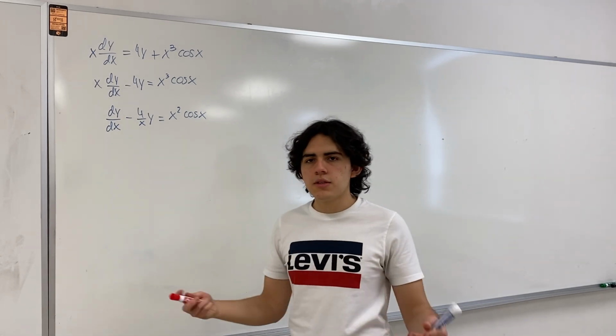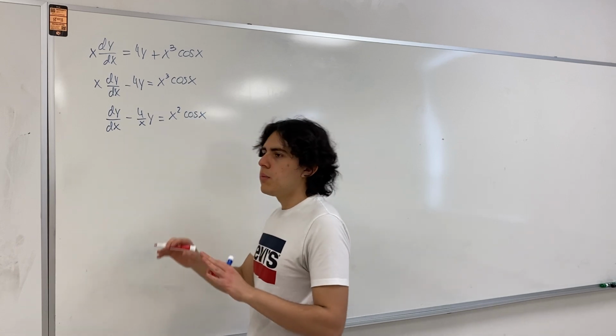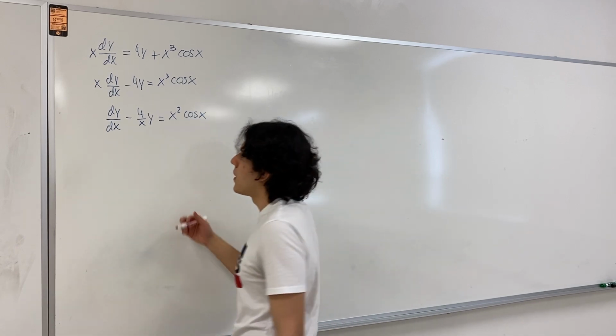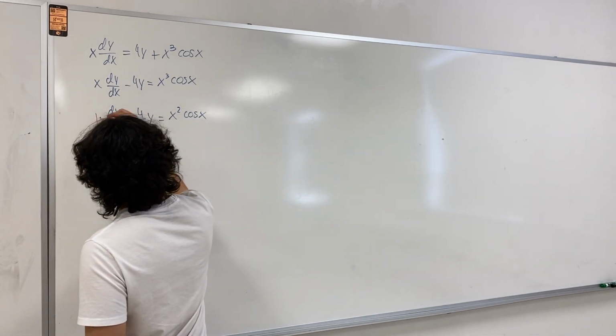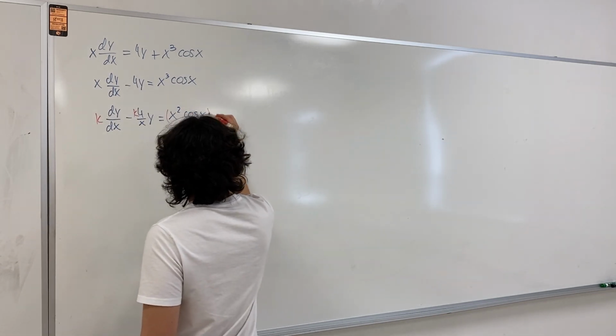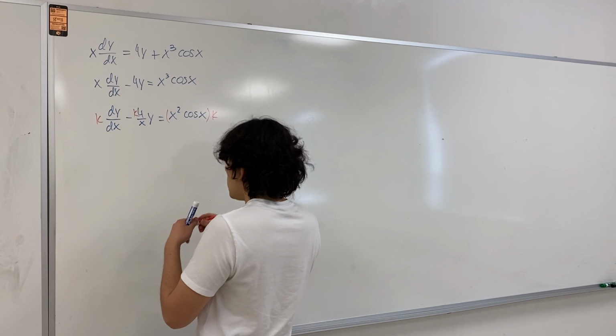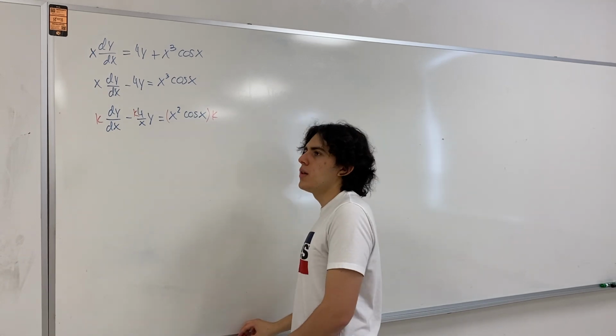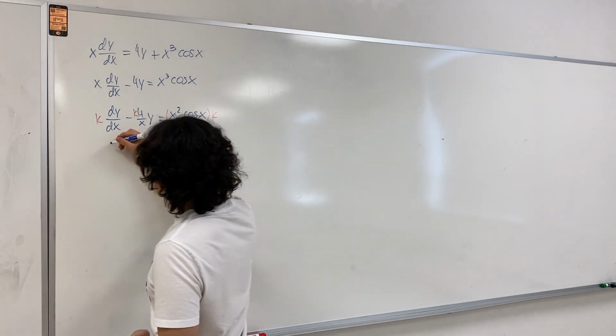Now, the method of the integrating factor works like this. You're going to multiply both sides of the equation by a factor. Let's say that is k. So you do k here, and you also multiply the right-hand side by k. And k is going to satisfy this property.